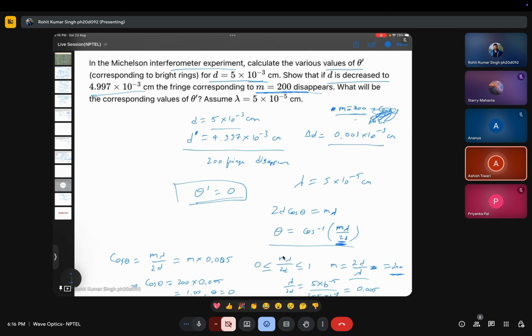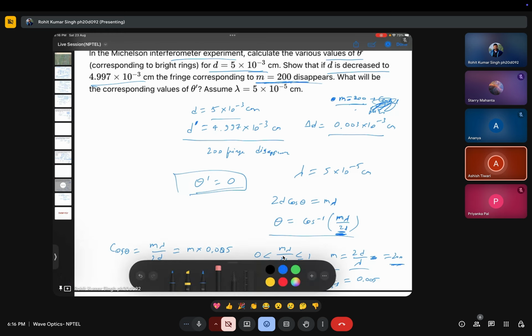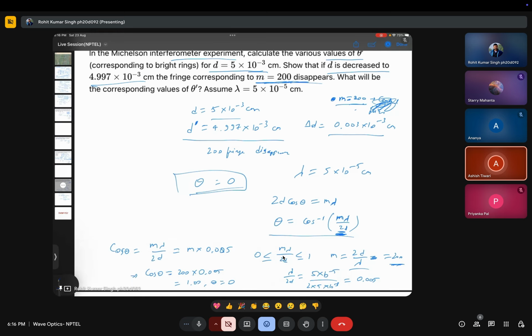Okay, sir, one personal question I also want to ask. Due to some problem out of station, I missed one assignment. Is there any problem for the main examination? I think for one assignment there should be no problem, because some percentage of marks is given due to assignments, right? The examination has 60% weightage, and assignments have 40, right? Yes.